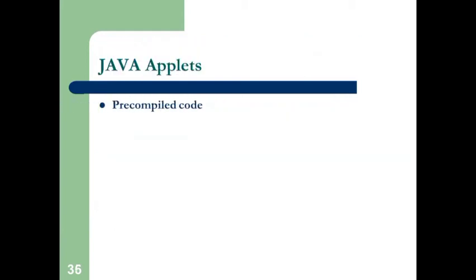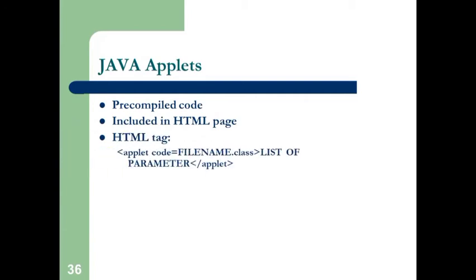You can get an example from this language. Java applet: a Java applet is basically simple bits of code, pre-compiled code already included in an HTML page by the tag applet code, file name dot class, list of parameters. The parameters are the rules that you define to integrate your application with the HTML website. Most websites have their own application, like Facebook.